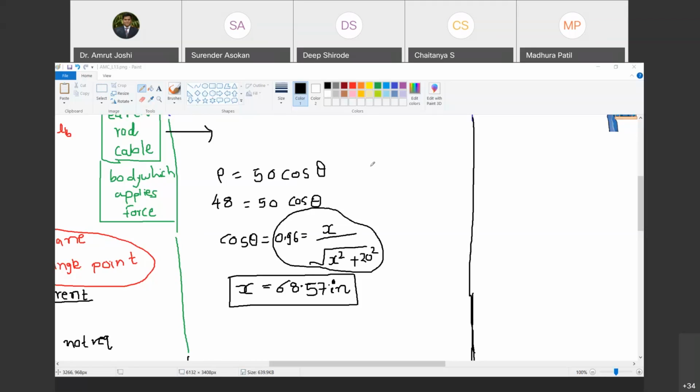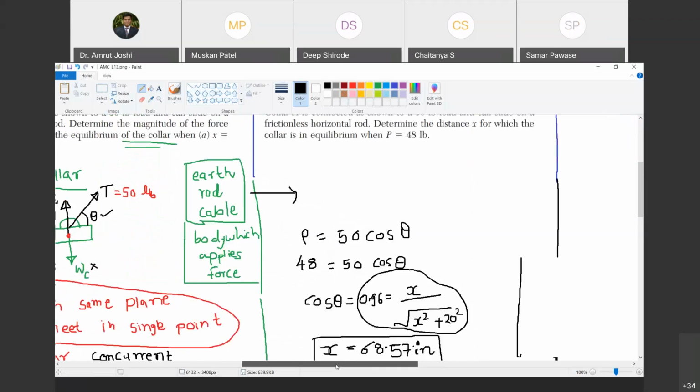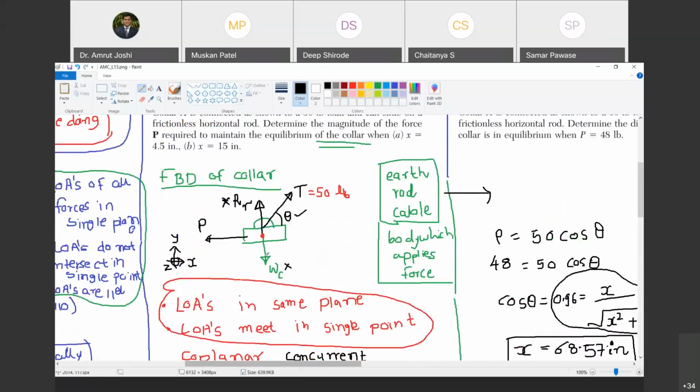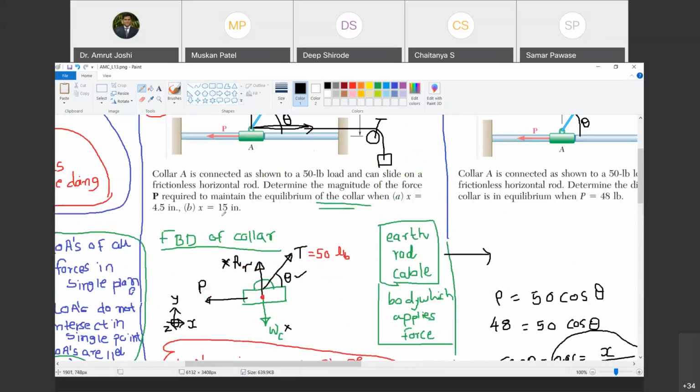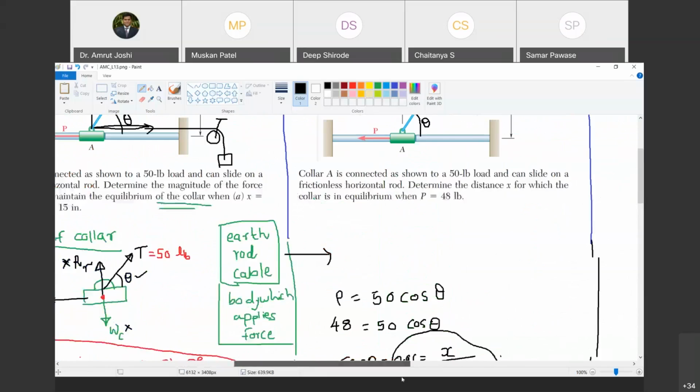Sir, I got 68.57. It's correct. Great. So therefore, the answer is x is equal to 68.57 inches, and as we discussed, it is greater than 4.5 or 15 inch. That was expected. Are you with me? Yes.